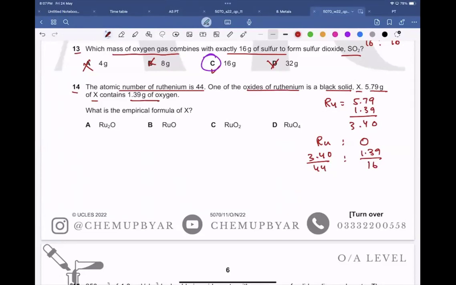I am asking for the values. 3.40 divided by 44, can anyone tell me the value? It's 0.077.